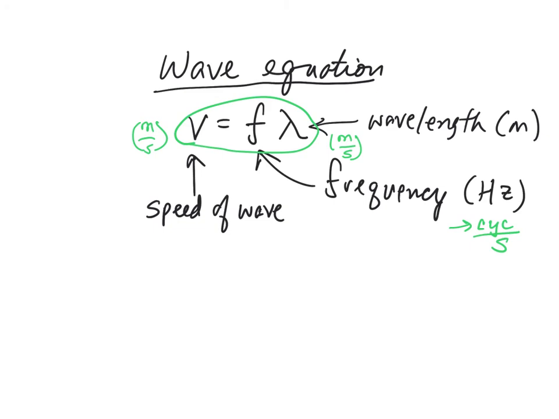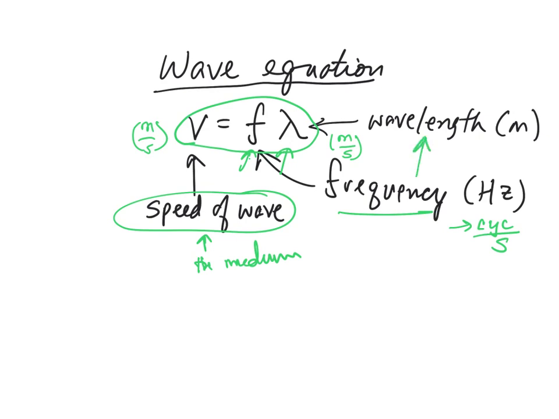The reason I said in the last slide that this can be a little bit confusing is you might think that frequency and wavelength determine the speed of the wave. They don't. The speed is determined by the medium. So the fact that those waves were just traveling through water, when that professor changed the frequency of the wave, what ended up changing was the wavelength, and the speed of the wave remained constant.